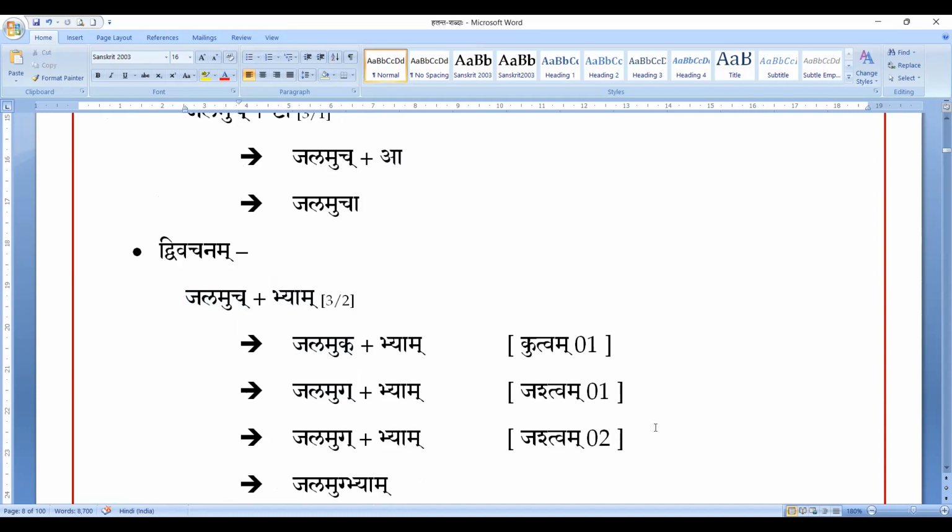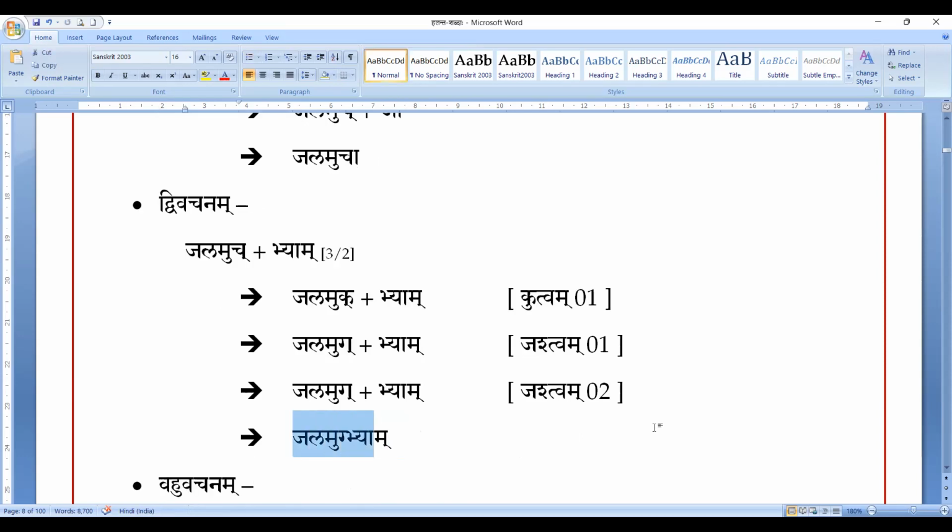Then you apply jashtva sandhi number 2. This is a padam, and the last letter happens to be a jal, followed by jash. So for jalam jash, jashi, right? That is, jashtva vidhi number 2 is applied. Therefore, you have jalamug bhyam. That's the form you get.